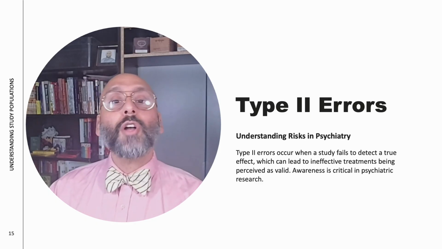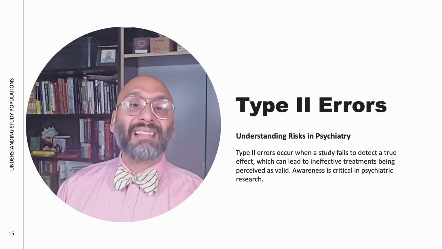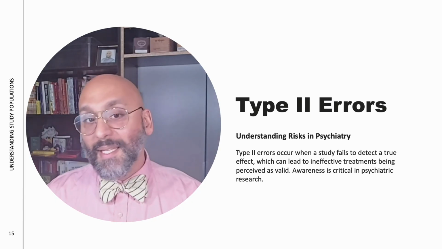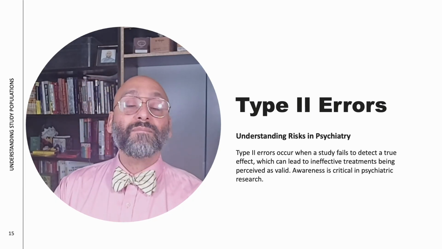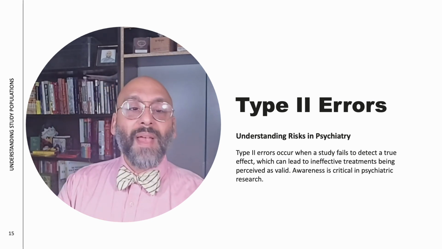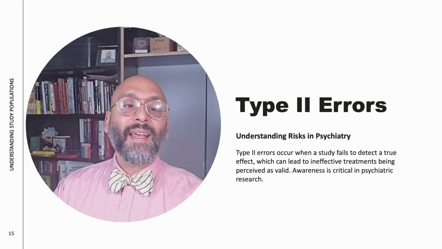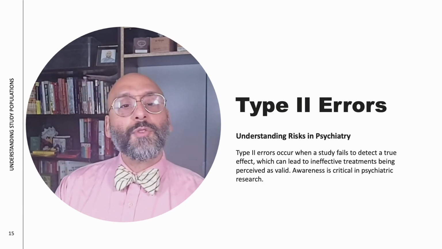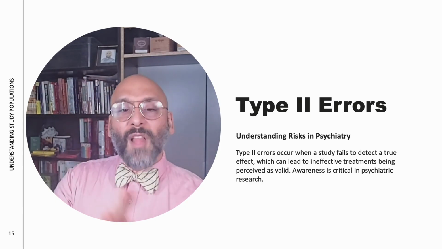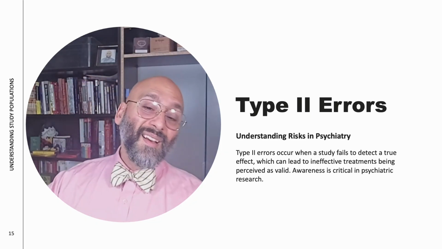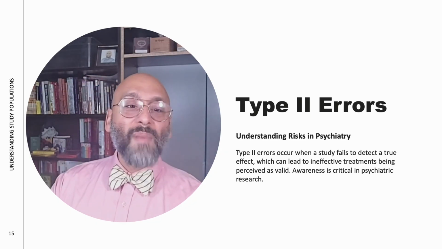Some common causes of type 2 errors include things like small sample size, high variability in symptom presentation, short study durations, outcomes that are difficult to measure reliably. And psychiatric research is particularly vulnerable to type 2 errors. Why? Well, because symptoms fluctuate and diagnoses are kind of heterogeneous. And effect sizes are often very modest to begin with.